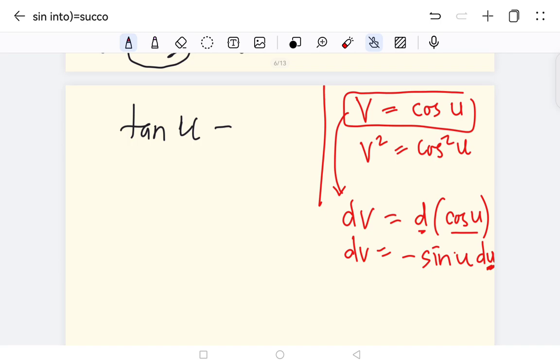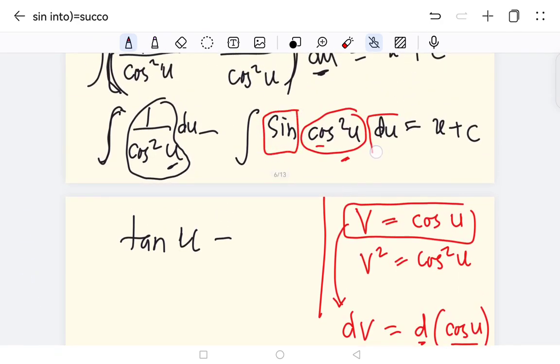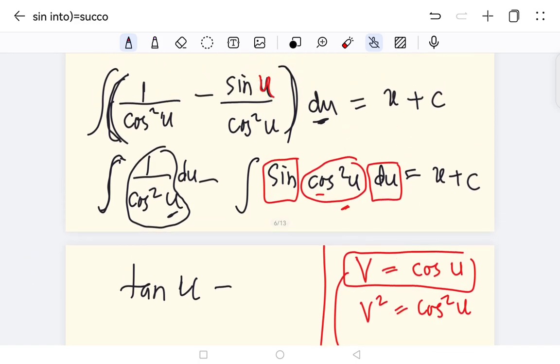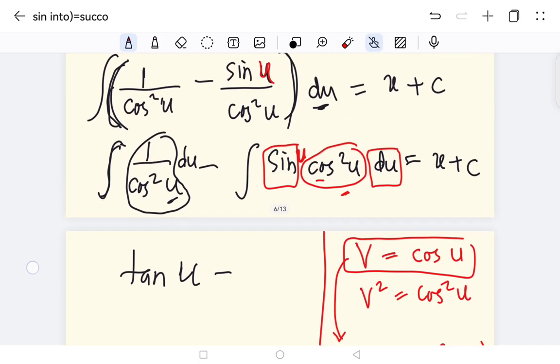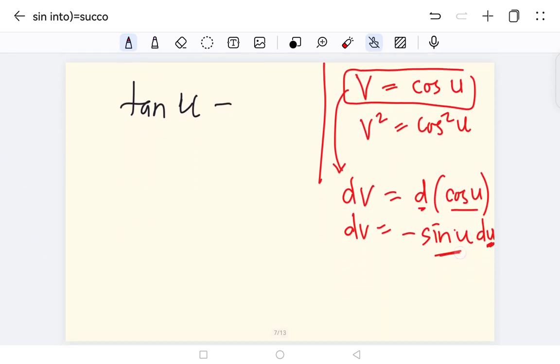Now if you take a look here, sine u over cos squared u. Oops, don't forget the u here. So sine u du, look here, sine u du, here, the same, right? And you just move the negative to this one. So negative dv is actually sine u du.